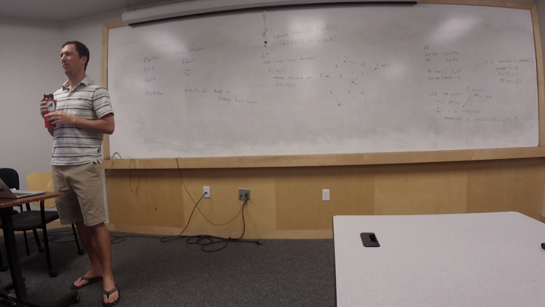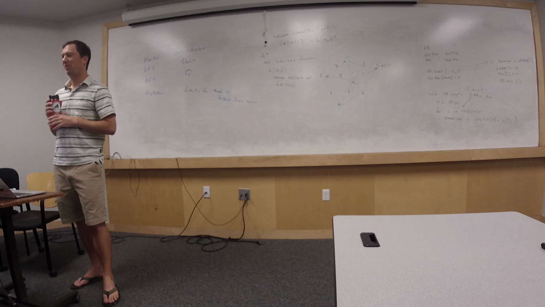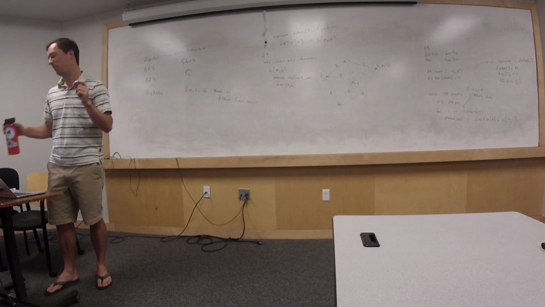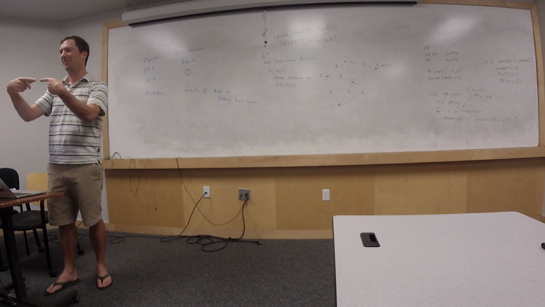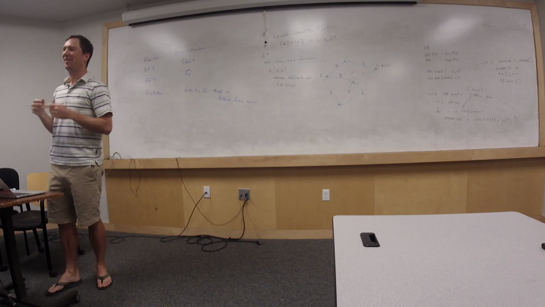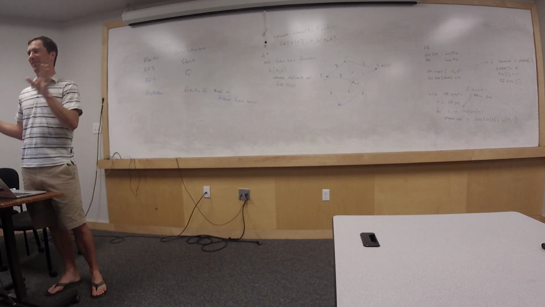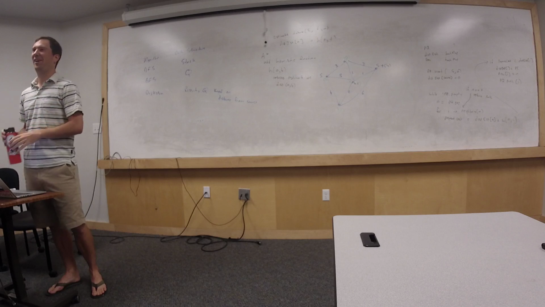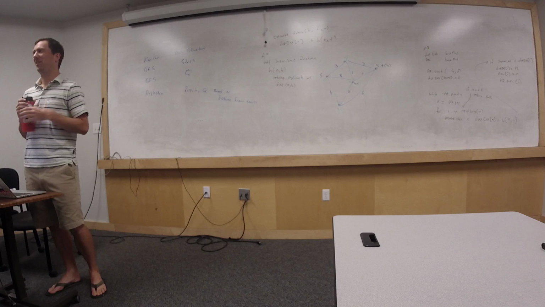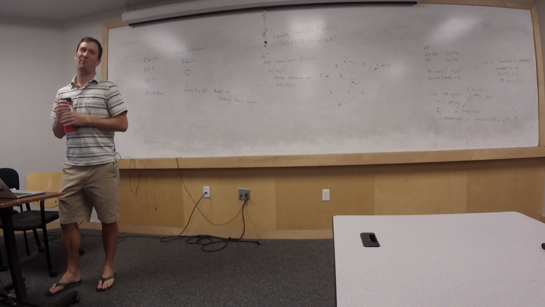I had a colleague at University of Denver that works on this, and a couple of years ago he solved a 50-year unsolved problem about what happens if you try to do A star from both ends. It seems like it would be a good idea. In practice it doesn't work very well, and they came up with a nice proof about what's going on. So this is still a very active area of research, even though it seems pretty straightforward and simple.